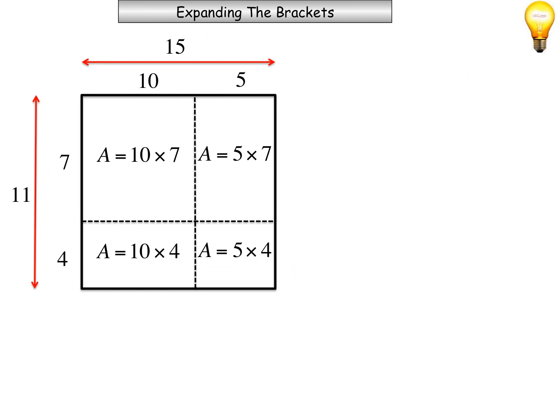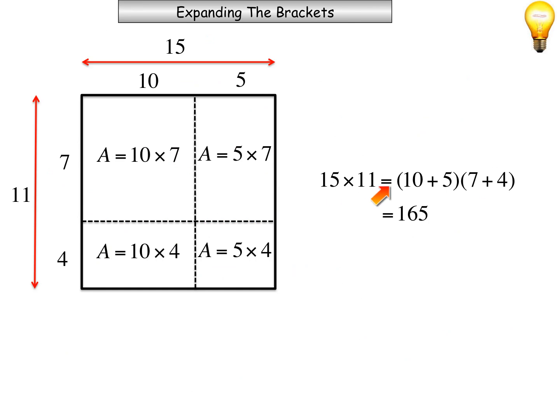So the area of these four rectangles will be 10 times 7, 5 times 7, 4 times 10, and also 4 times 5. I said 7 times 10, but I could also have said 10 times 7. Okay?